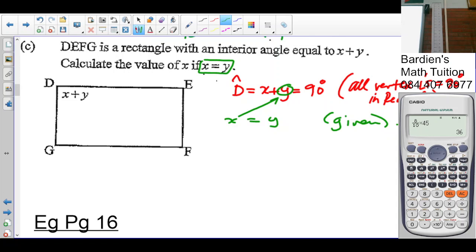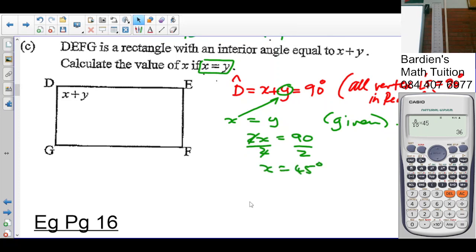Why the x and not the y? Because the question says calculate the value of x. So what's x plus x? 2x equal to 90. Divided by 2, x is equal to 45. Right, you guys understand?